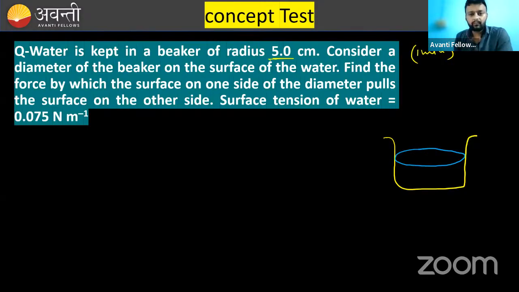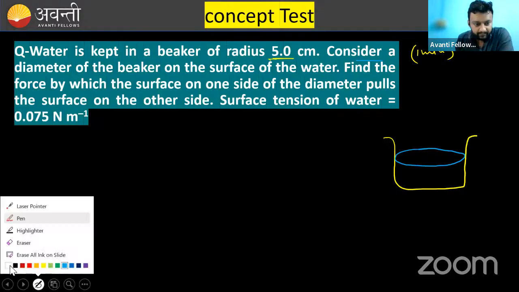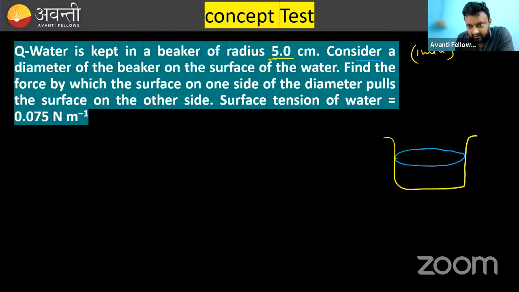Now they are saying to consider a diameter of the beaker on the surface of the water, like this, and find the force by which the surface on one side of the diameter pulls the surface on the other side.